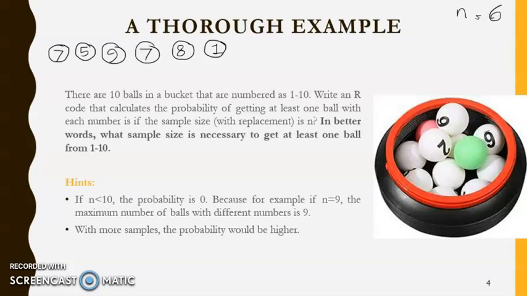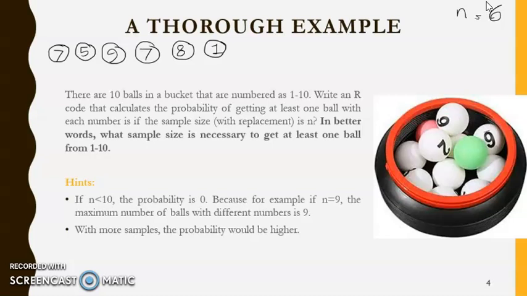So it says calculate the probability if the sample size is 6. What is the probability that we get all the numbers from 1 to 10 at least one time? There was an "at least", getting at least one ball with each number.